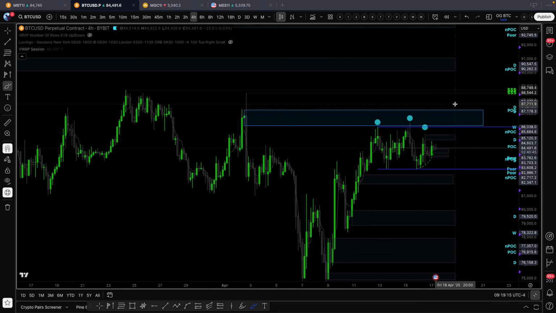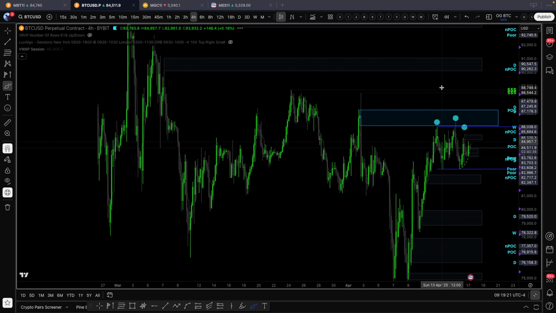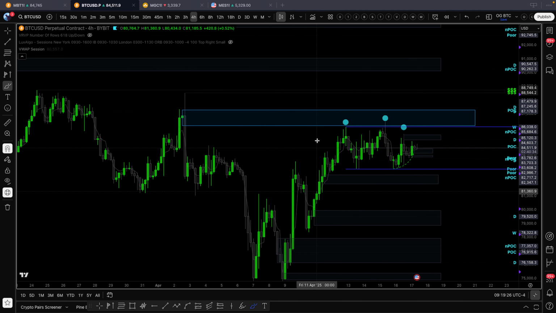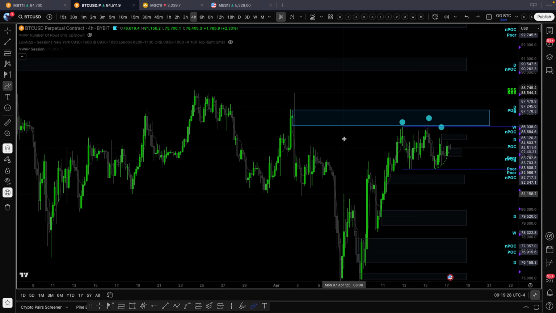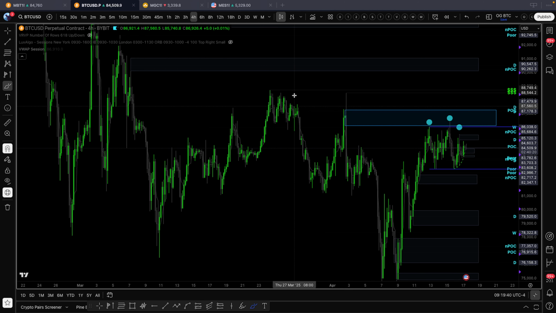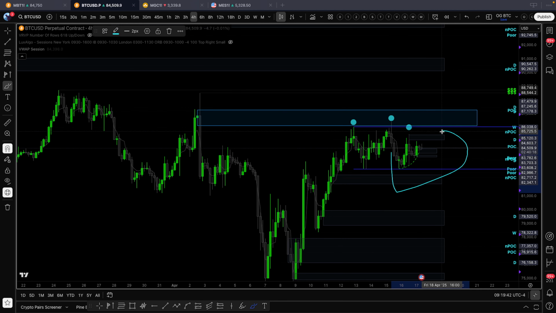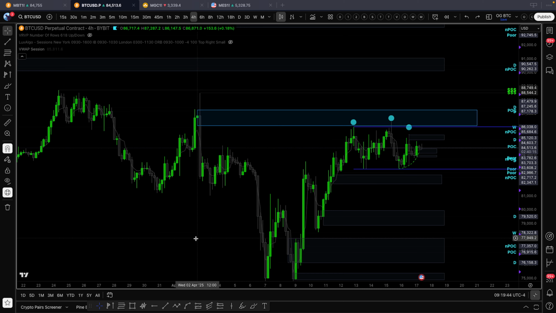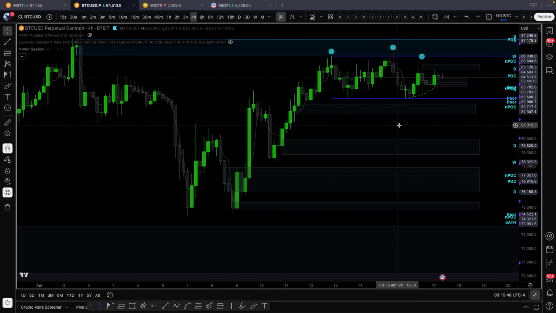However, it would need to be a wick, because if it creates a very massive candle and it closes up here, we're going to close above all these highs, which to me is going to say that we're going to flip high time frame market structure to bullish. So if we get up to this high, I want to see it dip into it and dip right back down below these two lows.